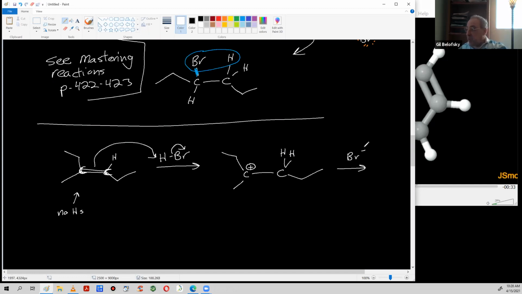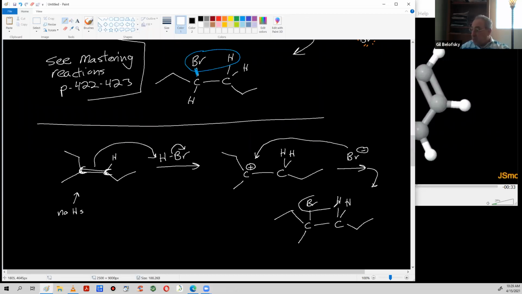The bromide that got generated forms a bond. Continue down here. Now the bromine's here, and we've added HBr across the double bond; the double bond's gone.